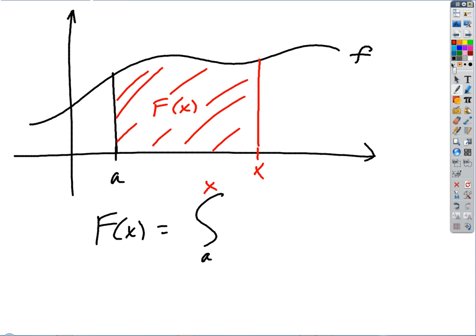My upper limit is going to be an x, and the shape of the curve under which we're adding up that area is determined by the profile of this other function. Call it little f. We're looking at the area under this curve, little f.